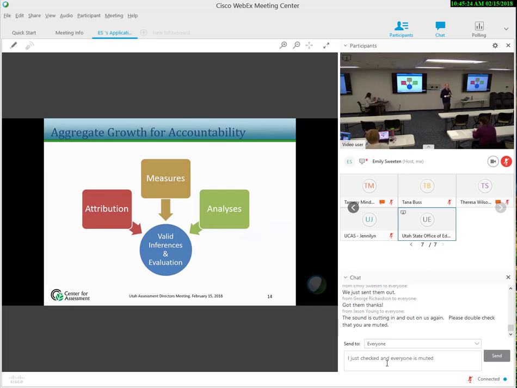So when we think about this aggregate growth for accountability, the way that I've been thinking about this for years, and it was interesting, when I started putting these slides together, I feel like I've talked about this before. We at the center got involved, kicking and screaming, in teacher evaluation work. We actually said this is the third rail of educational accountability.